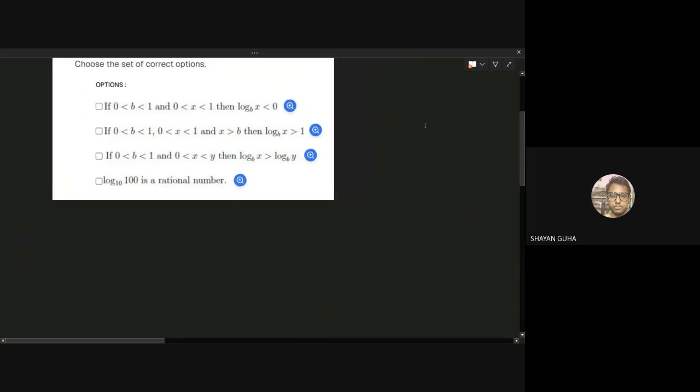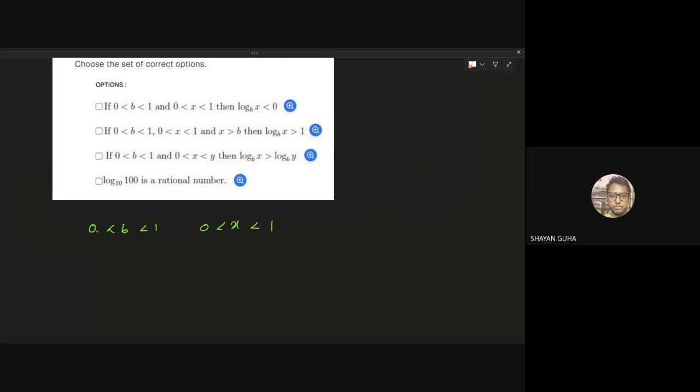Moving on from the first part, it's given 0 less than b less than 1. I have a real number b lying between 0 and 1, and another number x also lying between 0 and 1. I have to check if log x base b is less than 0 or not. So how can I check?